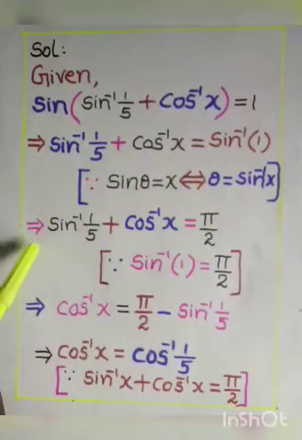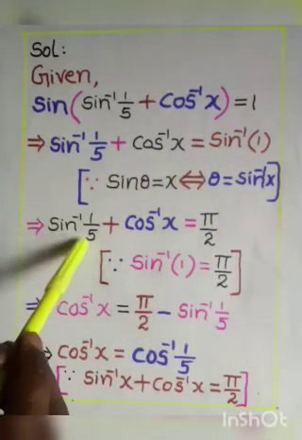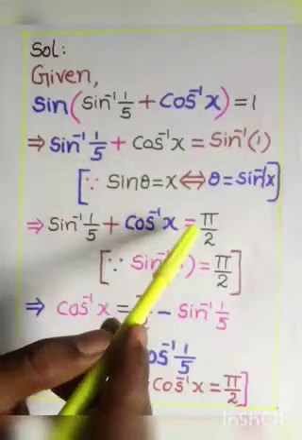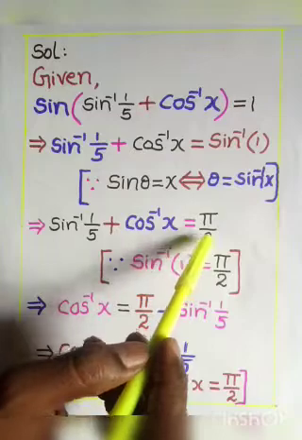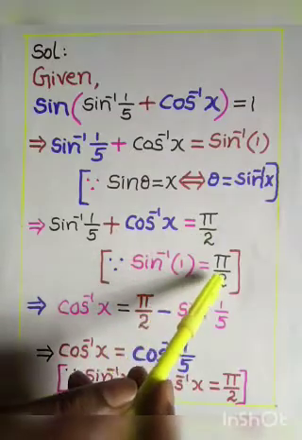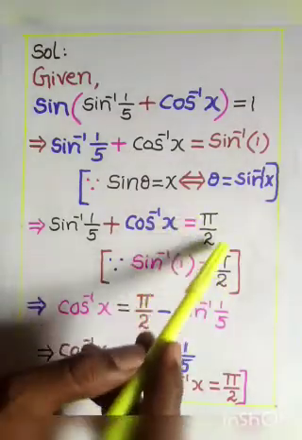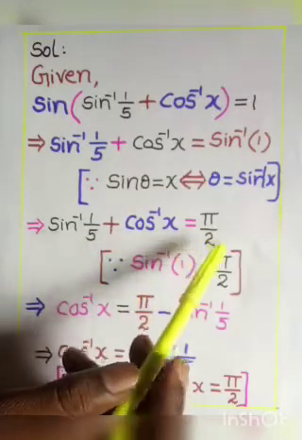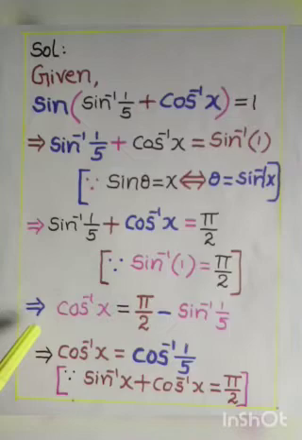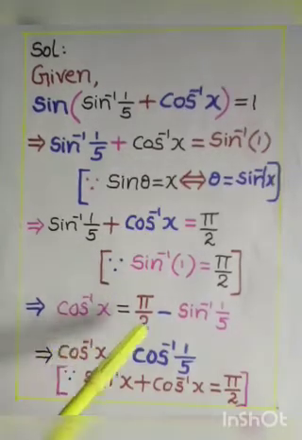Right. This implies sin inverse 1 by 5 plus cos inverse x is equal to, what is sin inverse 1 value? Pi by 2. Because sin inverse 1 is equal to pi by 2. That is why I wrote here pi by 2 in RHS. Understood this step, my dear children? Right. This implies cos inverse x is equal to pi by 2.